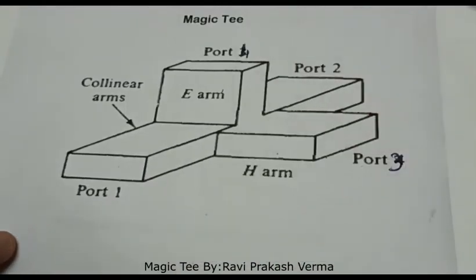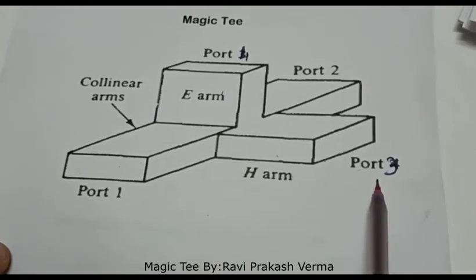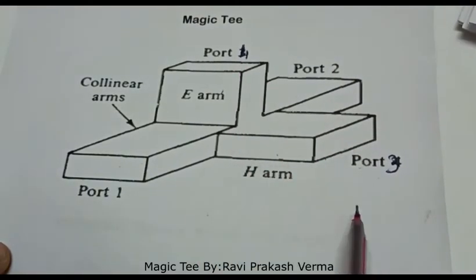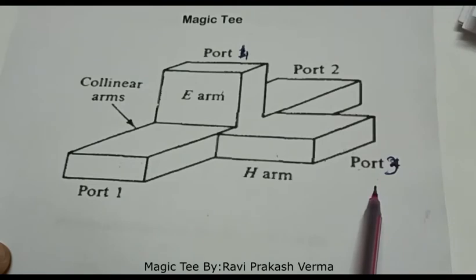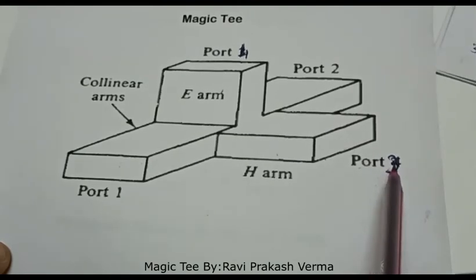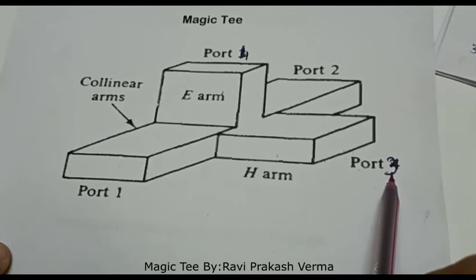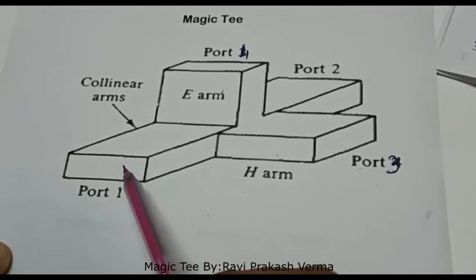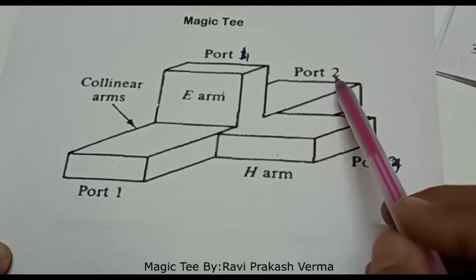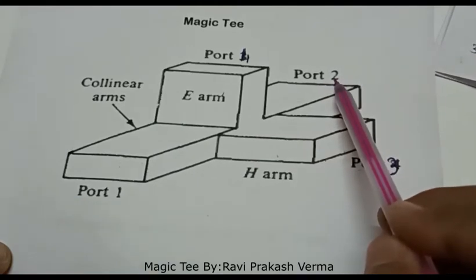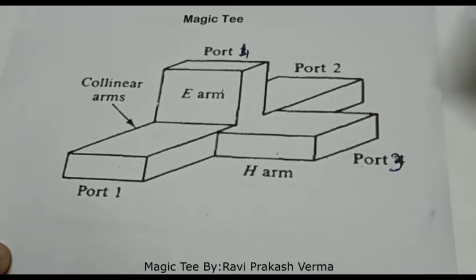Here we have port 3 and port 4, where port 3 is basically the H plane T. H plane T means if we provide an input wave at port 3, then the outputs we get at port 1 and port 2 have equal magnitude and equal phase. That's why it has been written.